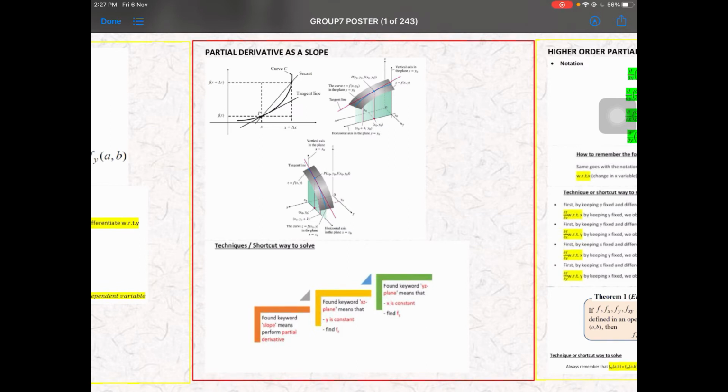When we find the xz plane, we make y the constant, and then we find fx, which is the rate of change in the direction of the x-axis. When we find the yz plane, we make x the constant, and then we find fy, which is the rate of change in the direction of the y-axis.